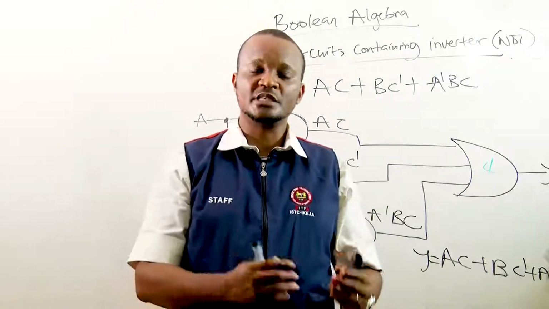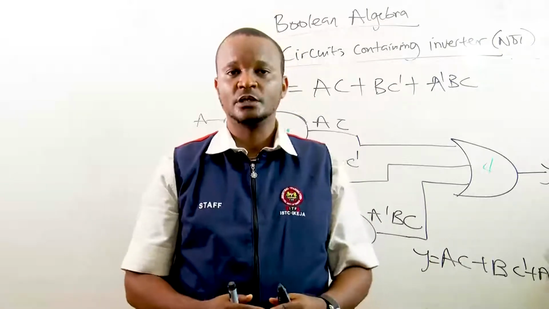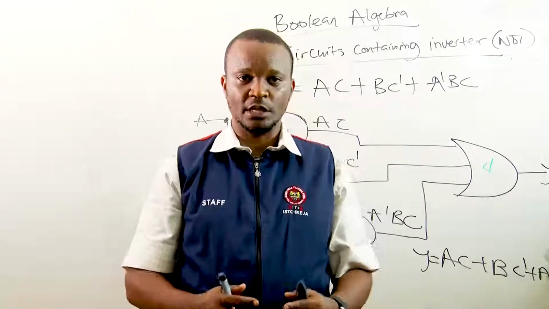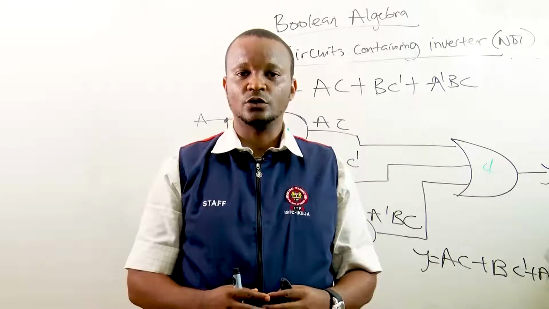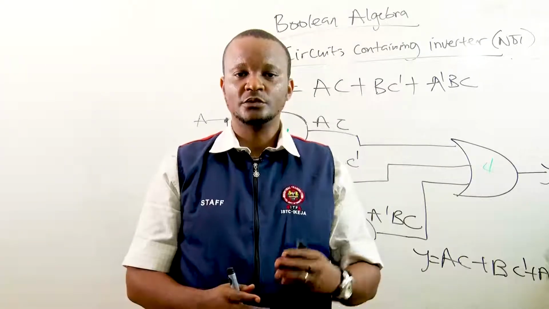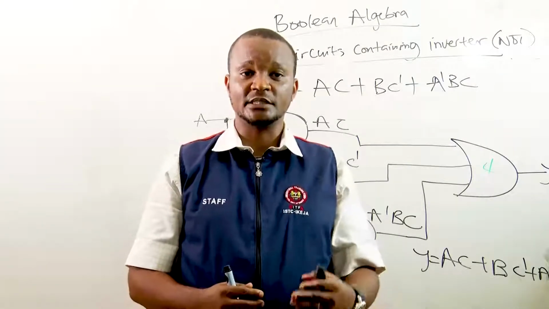So theorem 16 and theorem 17 is known as De Morgan's theorem. It was developed by a man called De Morgan. So this De Morgan's theorem is extremely useful in simplifying expressions in which a product or sum of variables is inverted. So when you go through your text or your material, you will see this theorem, even with theorem 18 and 19.